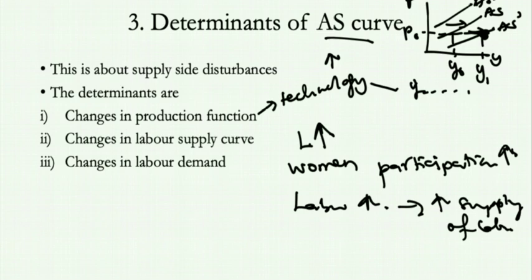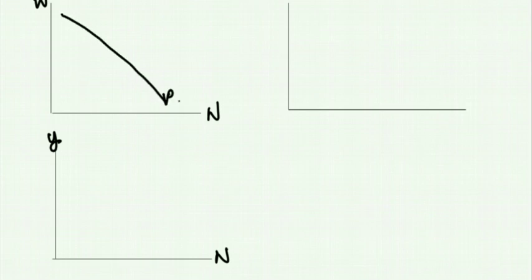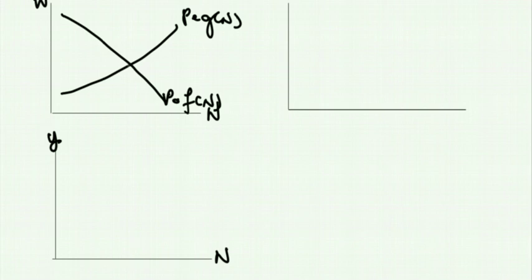Okay, so what happens here? Let's analyze it. Y here and here. So initial situation is this, being Fn, yeah? Fn, and then labor supply, PE, Gn. Alright.